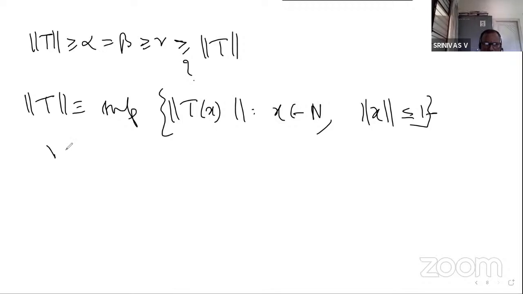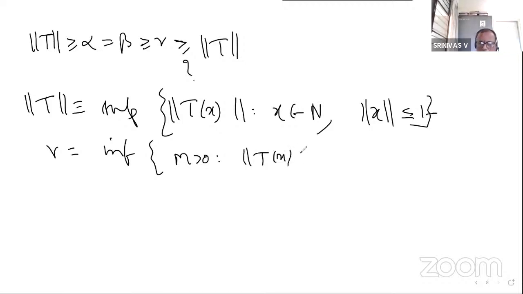What is gamma? Gamma is the infimum of positive m such that norm T of x is less than or equal to m times norm x for all x in N. This is how we defined gamma.